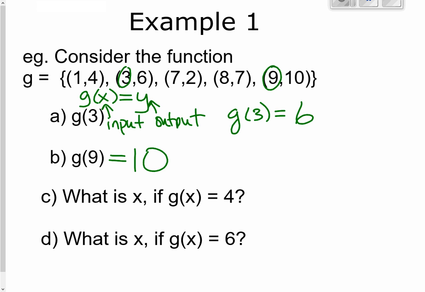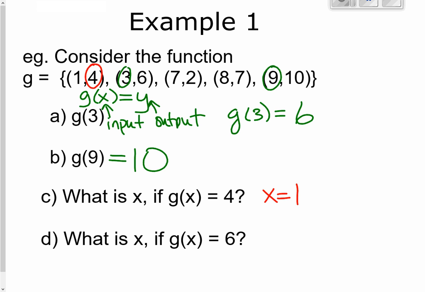All right. We can actually go backwards with this. What is my input? What is x if g of x equals 4? Now I'm telling you the output. My output is 4, so I have to find a y value of 4. Here it is, which means that x must be 1. And what is x if g of x equals 6?